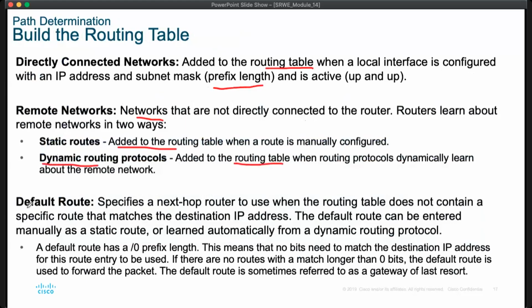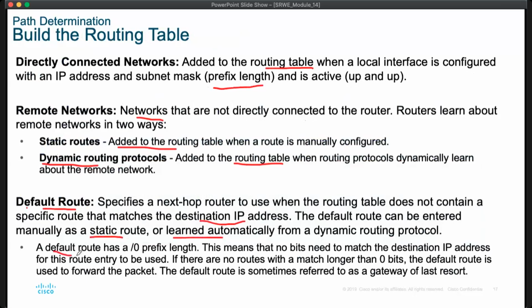For the default route, it specifies a next hop router to use when the routing table does not contain a specific route that matches the destination IP address. The default route can be entered manually as a static route or learned automatically from a dynamic routing protocol.